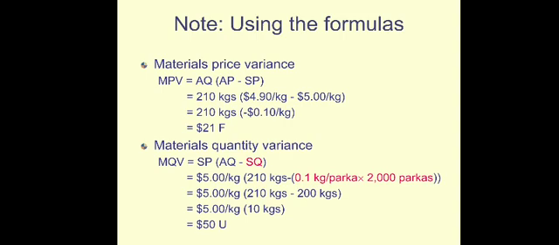Okay, you will get $4.90, and then minus the standard price. According to the standard, the price is $5 per kilogram. So you solve the calculation. 210 kilogram times negative 10 cents per kilogram. The answer is $21, and it is favorable. Okay, how to say it is a favorable variance?